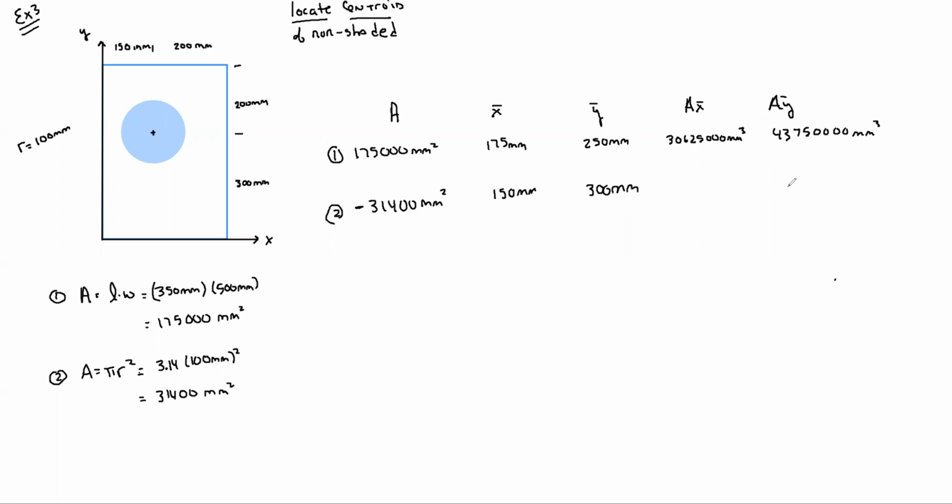31,400 times 150 is negative 4,710,000 cubic millimeters. And then area times 300 doubles it, because 300 is double 150, so negative 9,420,000 cubic millimeters.